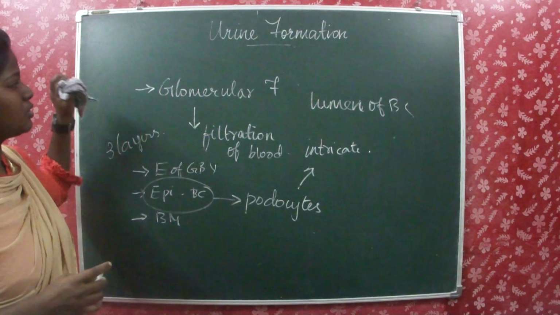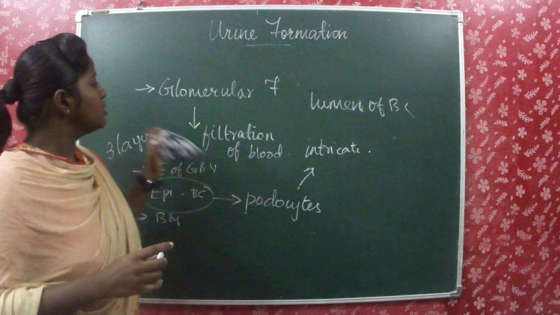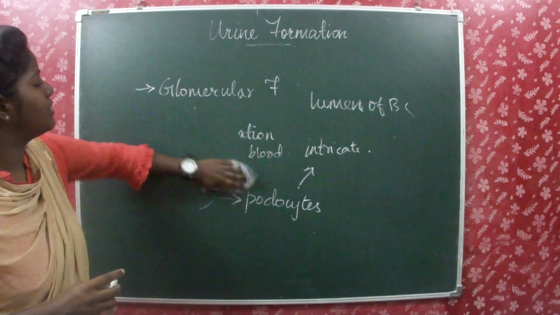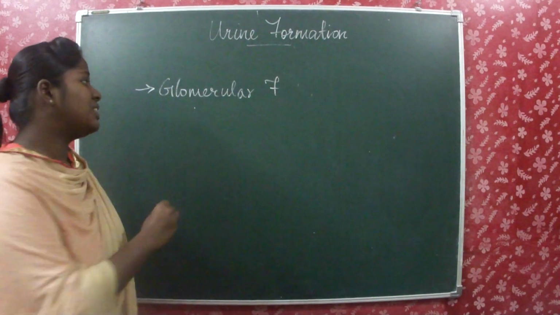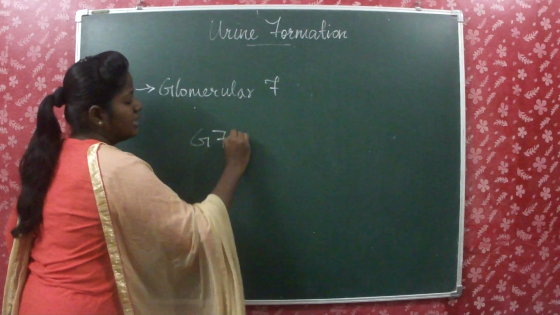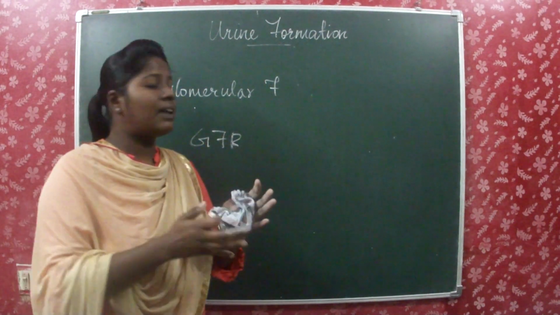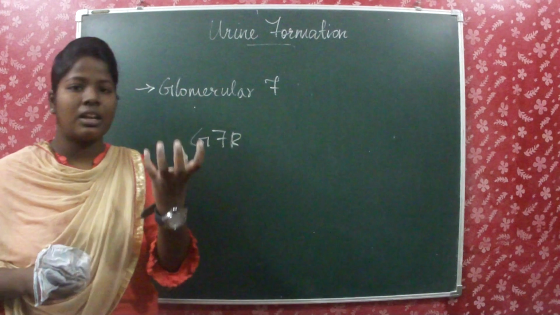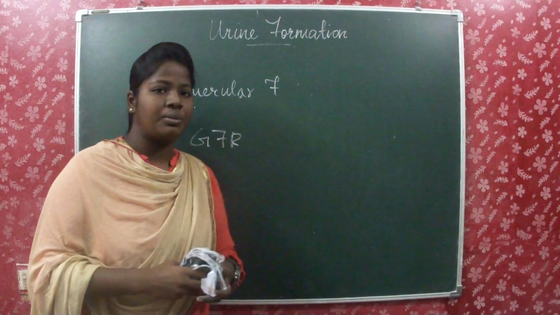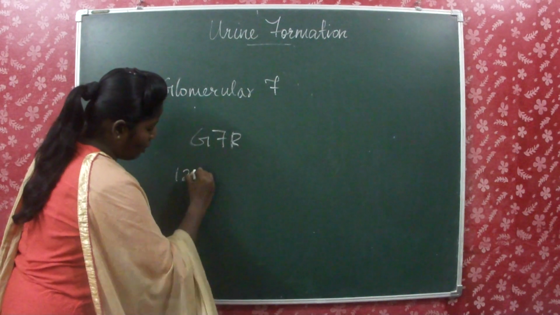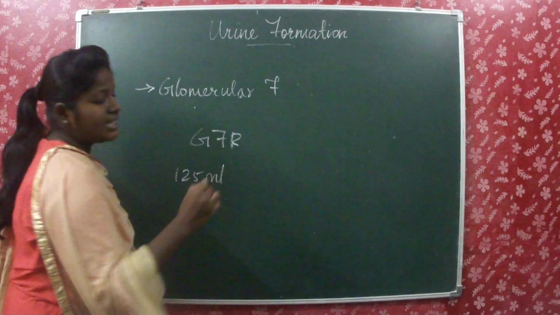So these are the structures of glomerular filtration. Now we can look at what the glomerular filtration rate is. After glomerular filtration, a particular amount of filtrate is formed.